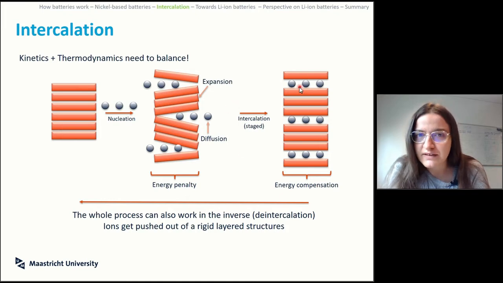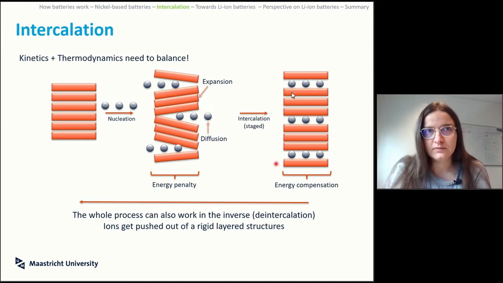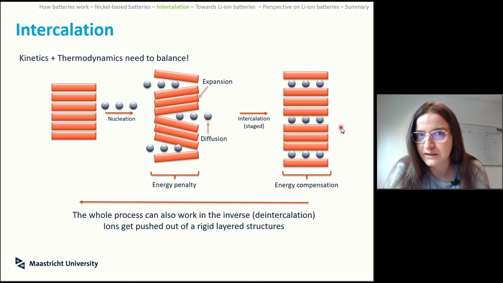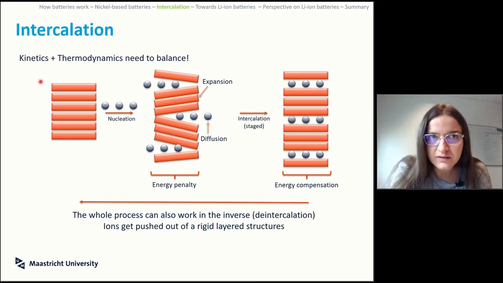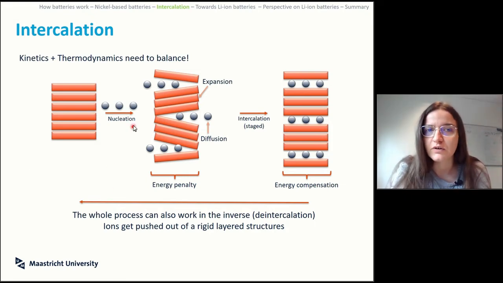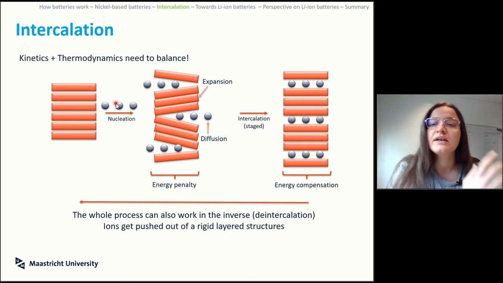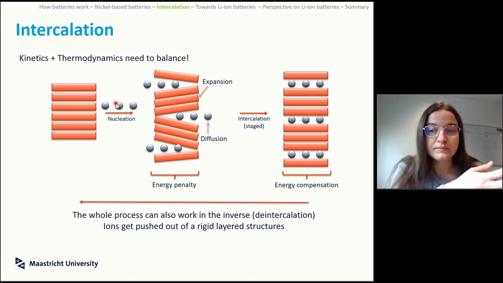So on a regular basis, in your material, you will end up having some layers with intercalants and some layers without intercalants. If you have the right conditions, you can push this process backwards. Of course, if you put energy into doing this, this might very well be spontaneous in another configuration, but you need something to influence the different processes to go in or go out.